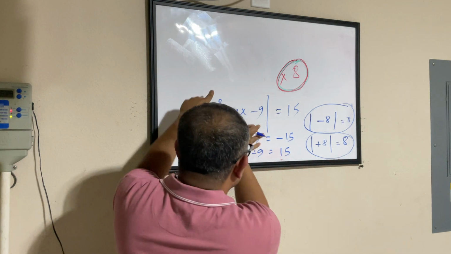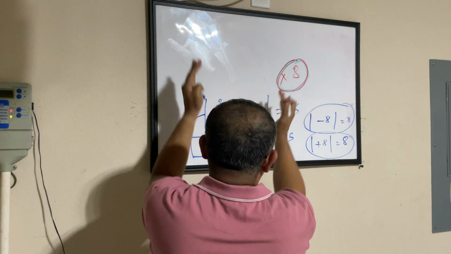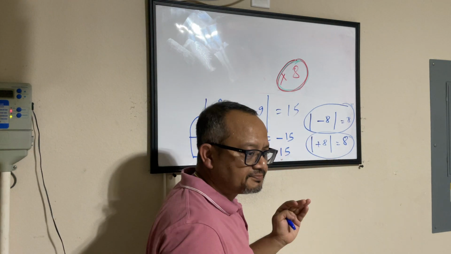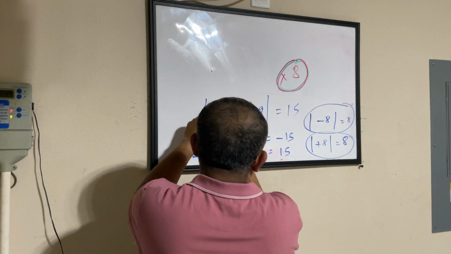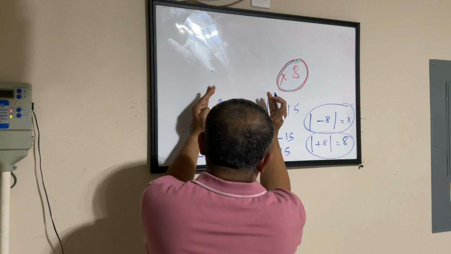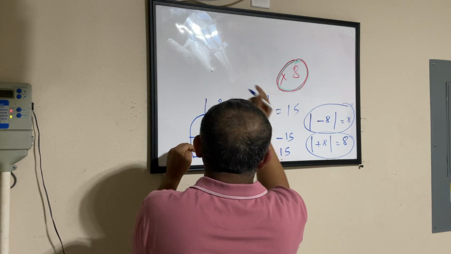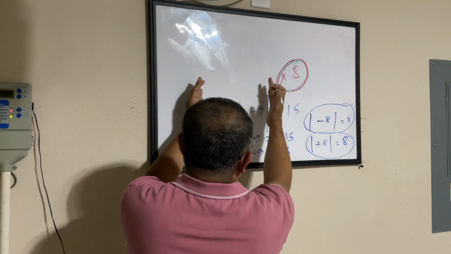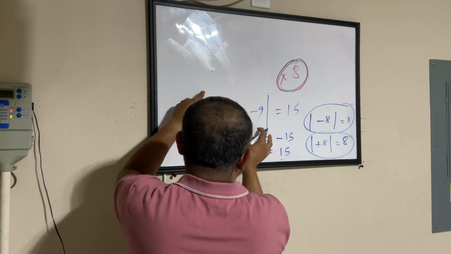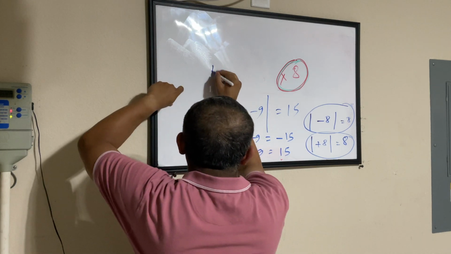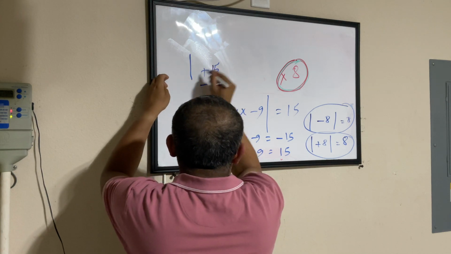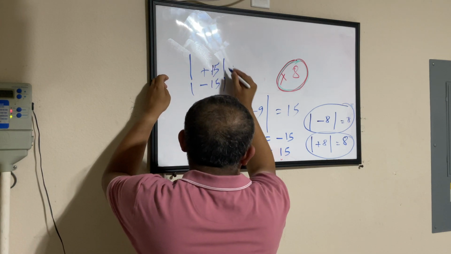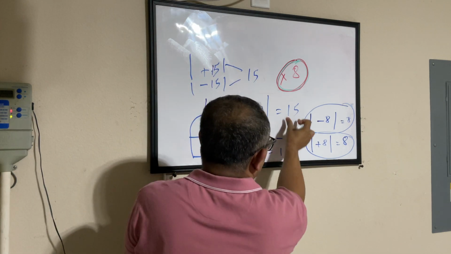So when you have this equation, let's say this equation gives some value, okay? It can give, let's say, so the equivalent of this equation is 15, right? And how will that be possible if you have it inside the bar? That means either this whole thing is equal to plus 15 or it's equal to minus 15. And when you put a bar around it, in both the scenarios, your answer is 15.